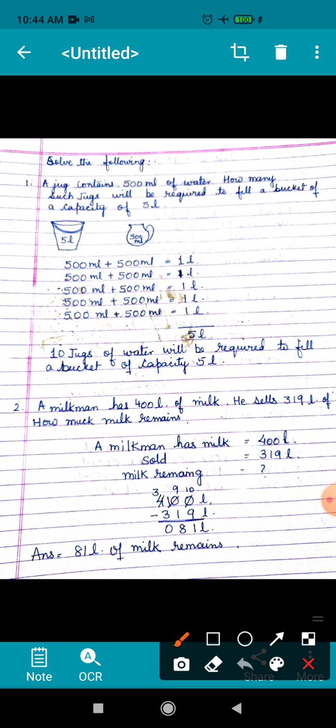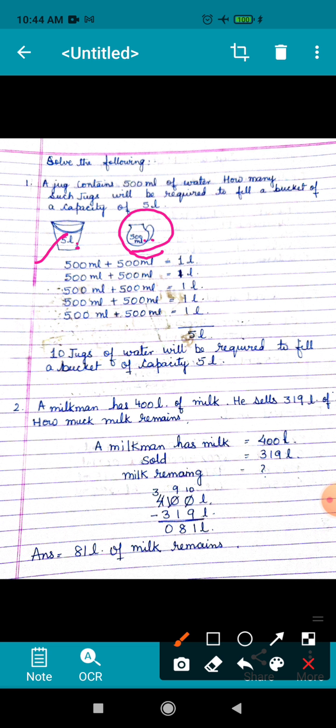Here, the jug's capacity is 500 milliliter and the bucket's capacity is 5 liter. It means you can fill 500 milliliter of water in the jug and 5 liter of water in the bucket. Now you have to tell how many times you will use this jug to fill this bucket.